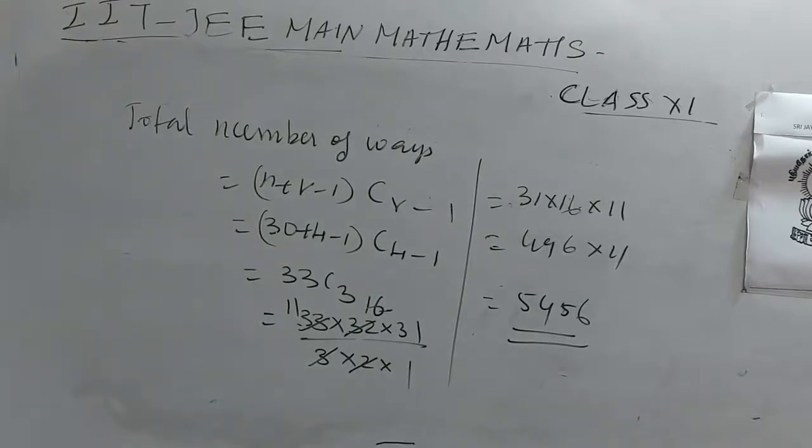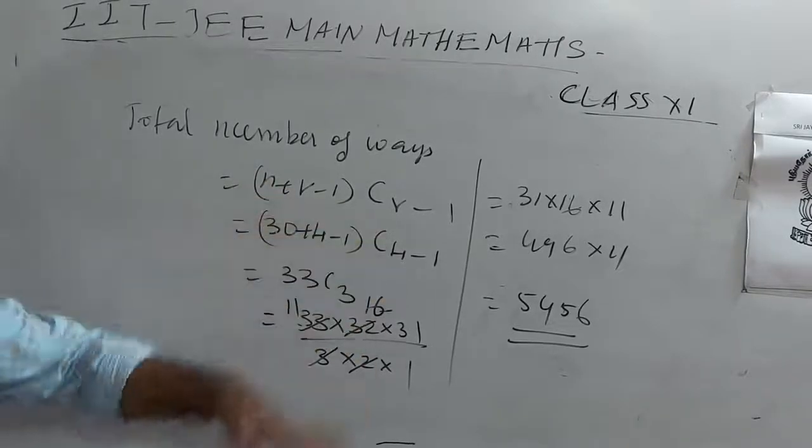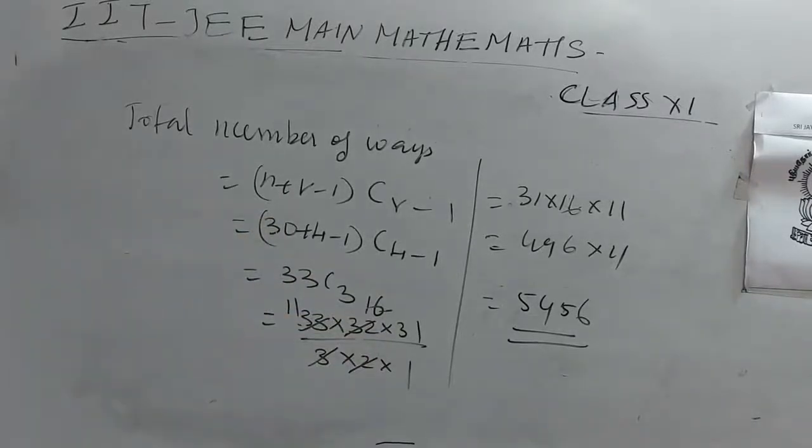So there is a possibility of admitting blank groups. Therefore, you have to apply the formula n plus r minus 1 C r minus 1. Apply and simplify. You will get the answer. Using this concept, we will discuss different types of sums in the next session. Thank you.